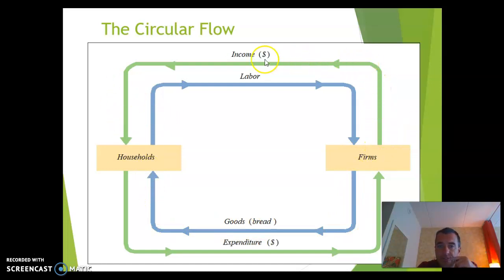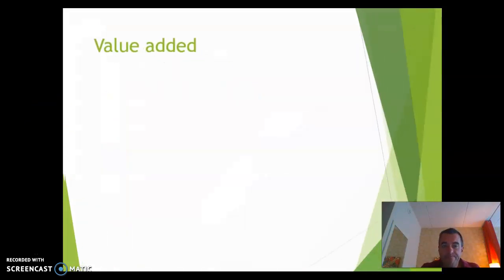So firms give us money, wages. What do I do if I'm a household and I just earn money at Best Buy? I go and I spend, that's where the word expenditure comes in, money at a store where stores supply stuff. It's a very simple way of looking at our economy and how things operate.